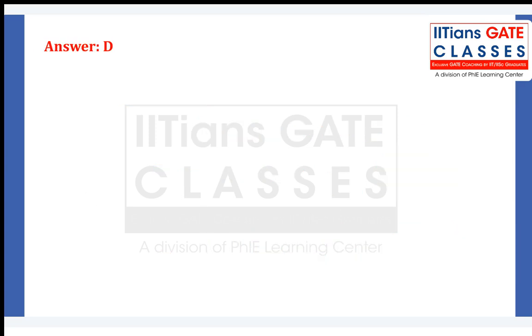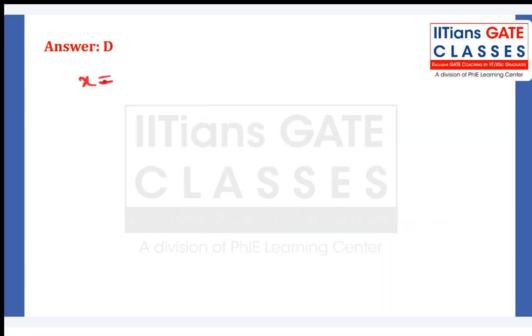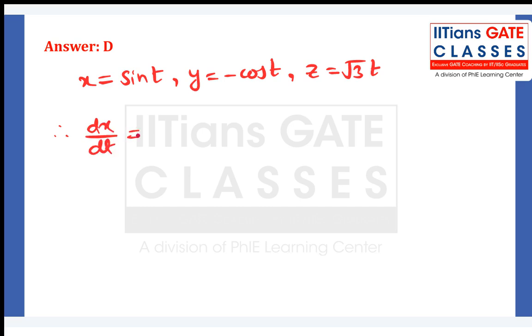Okay, so your x is sin t, y is minus cos t, and z is root 3 into t. Okay, so therefore dx by dt is cos of t, dy by dt is sin of t, and dz by dt is just square root of 3.